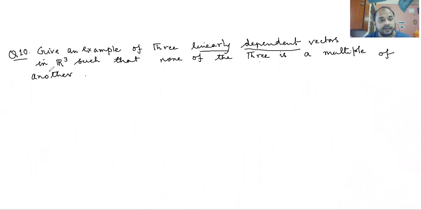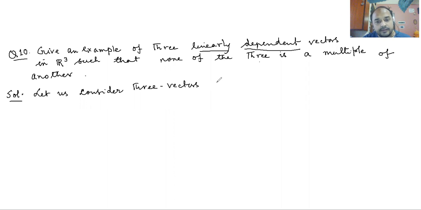Now, for this example, let us try to find it out. Let us consider three vectors (1, 0, 0), (0, 1, 0), and (1, 1, 0) from R3.